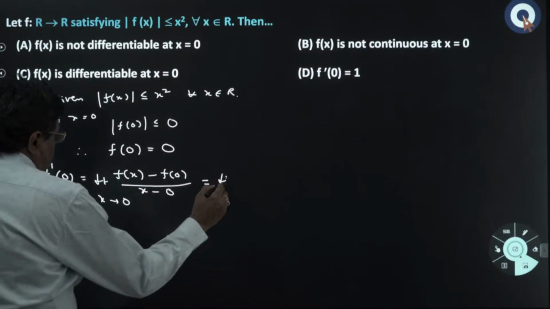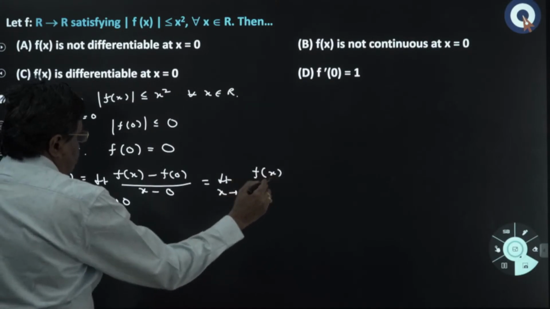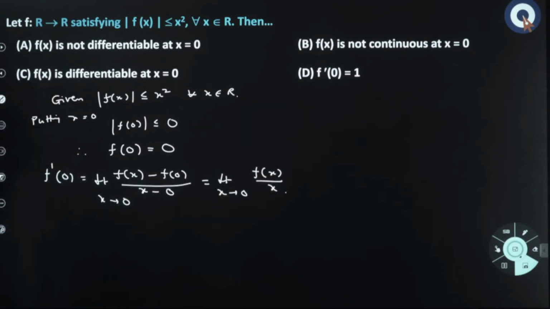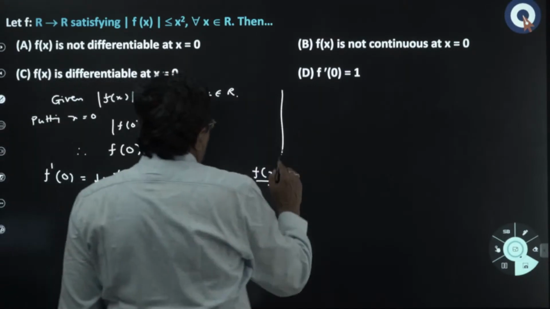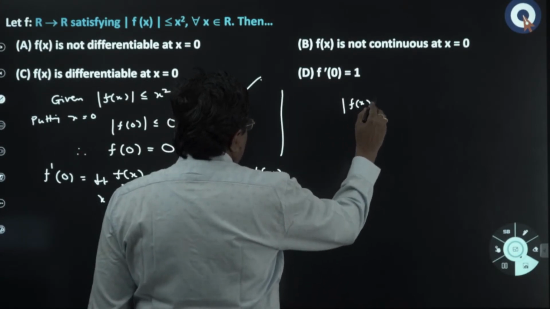Now we have mod fx is less than x square. That means what? Mod fx is less than x square means we have this mod fx by mod x.